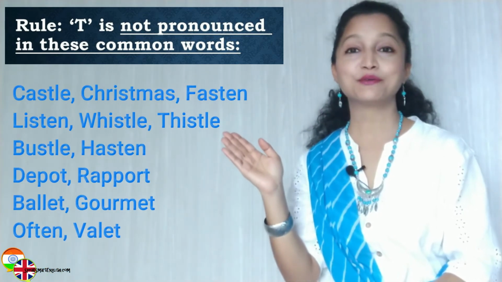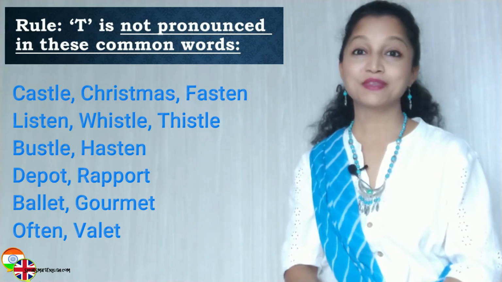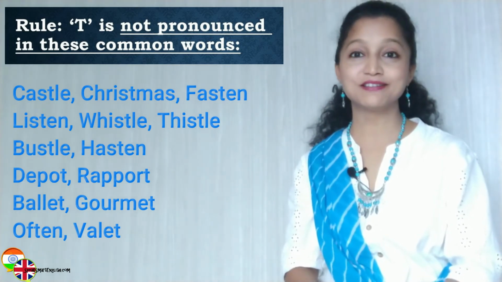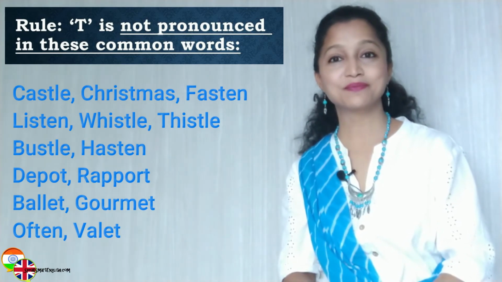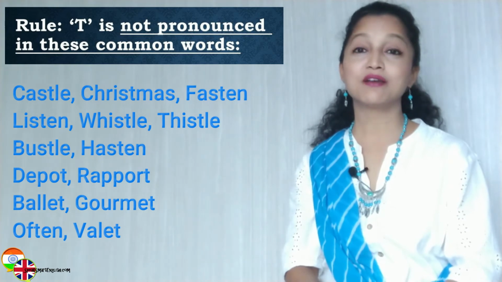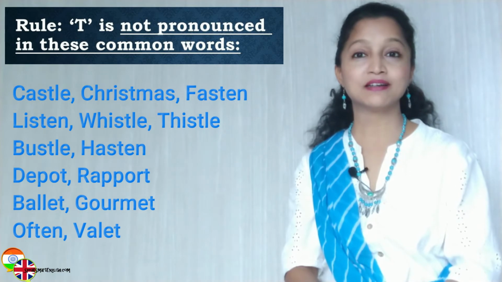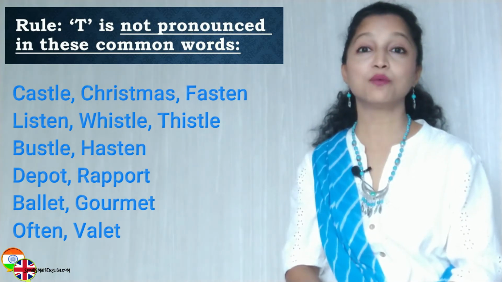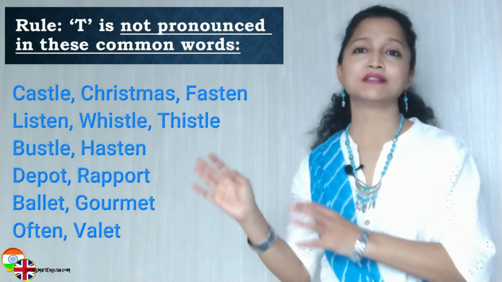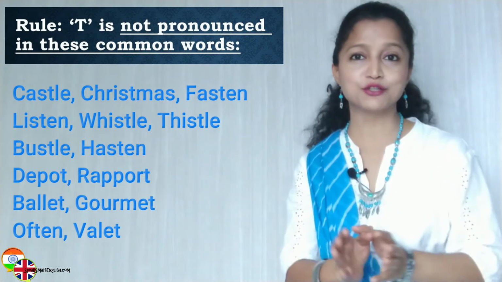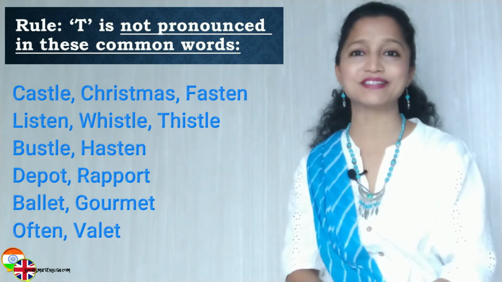Castle, Christmas, fasten, listen, whistle, thistle, then bustle, hasten, depot, rapport, ballet, gourmet, often, and valet. I'm sure there are many more words, but here is this small list for you. Now that is your task to find out more such words.